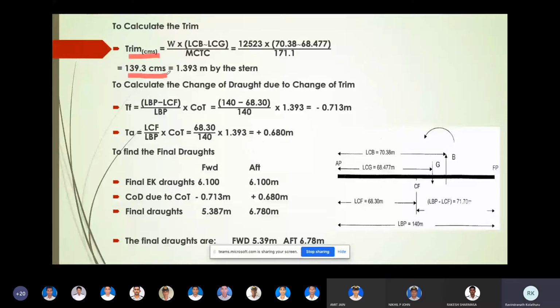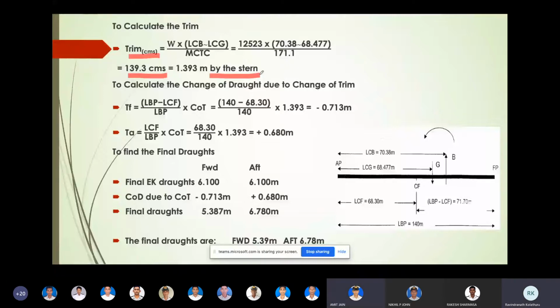Okay. Now, like the previous problem, how do you get it, trim by stern or by head? How do you know that my trim is by stern or by head? With respect to moments, we can get it directly. With the moments directly? No, with LCG and LCB, I have told you, right?